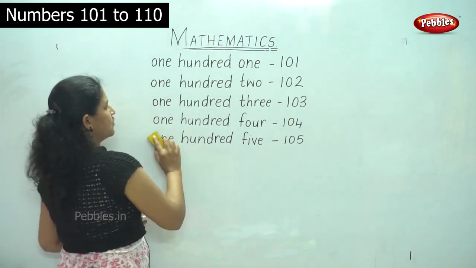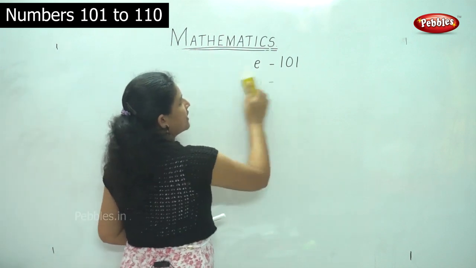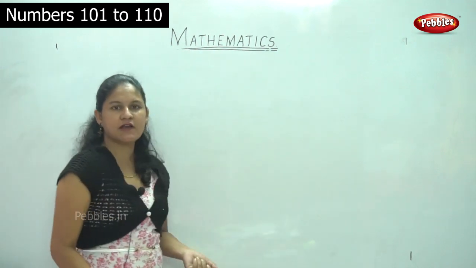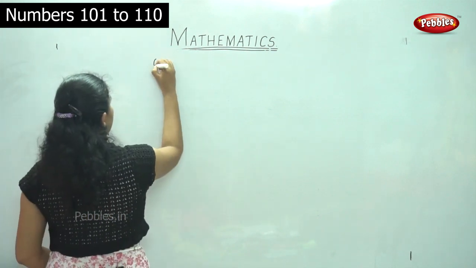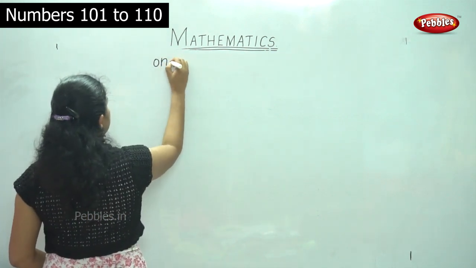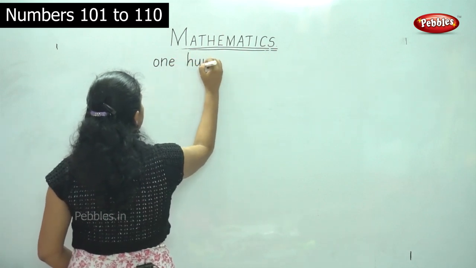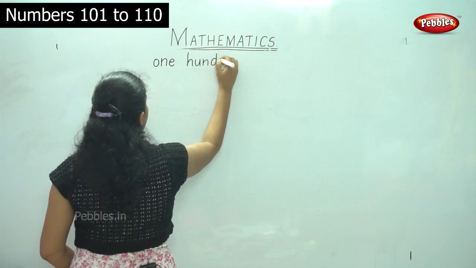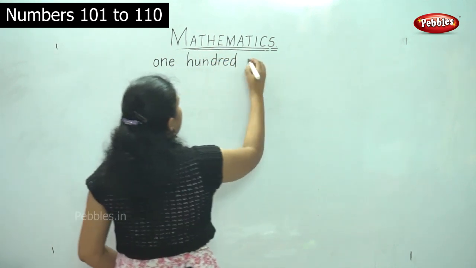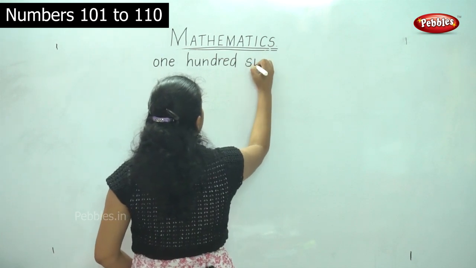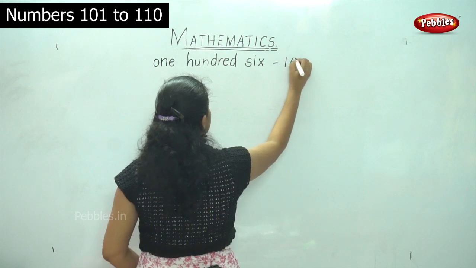So we are going to move on to the next 5 numbers, that is 106 to 110. So it is O-N-E, 1, H-U-N-D-R-E-D, 106. S-I-X, 6. So 106.